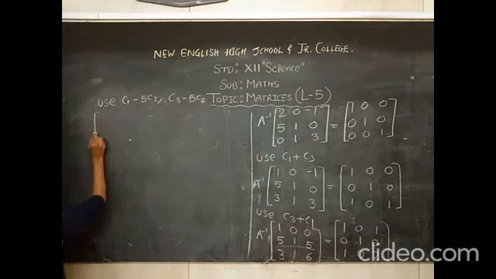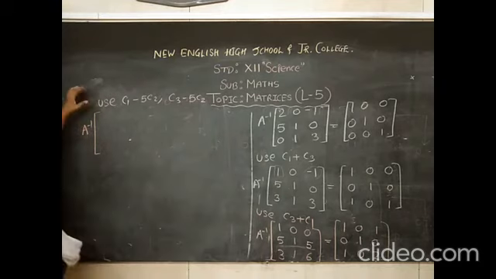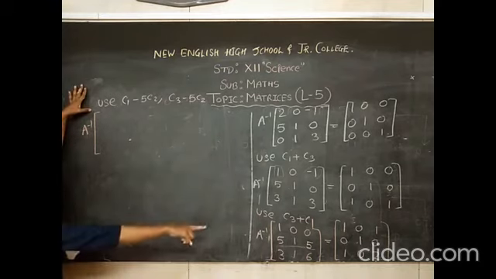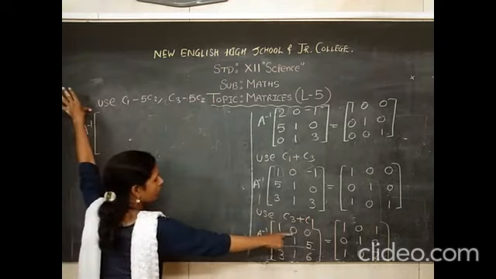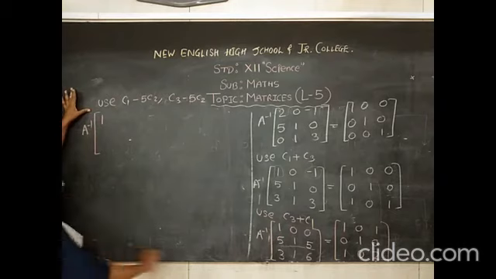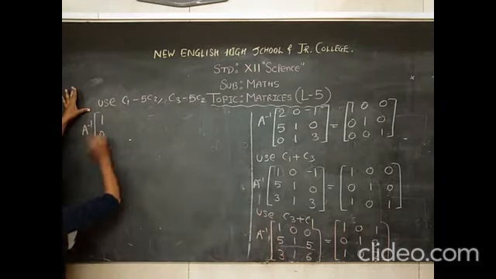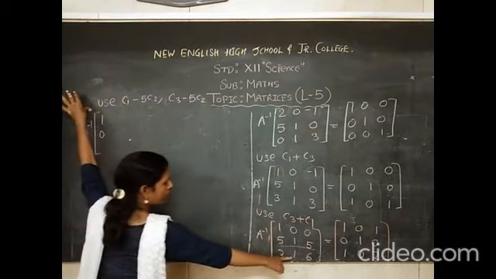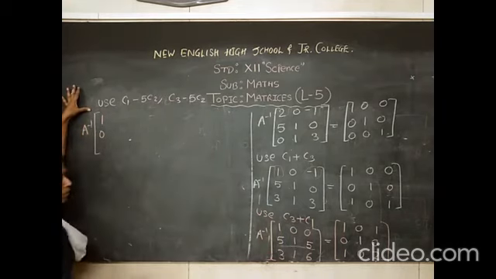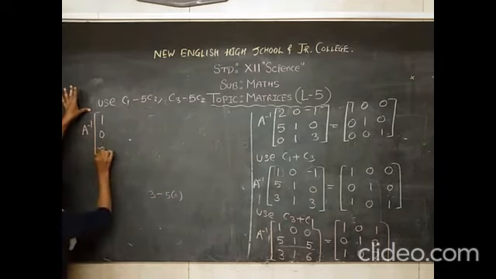Okay. What we will get over here? We want to make a change in C1. 1 minus 5 times 0, no change. 5 minus 5 times 1, 0. 3 minus 5 times 1, that is 3 minus 5, that is minus 2.